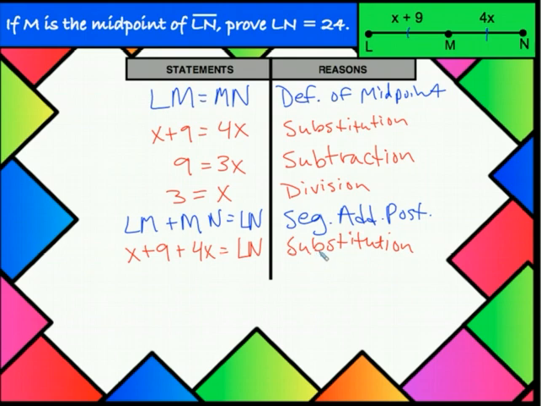However, that's not true if you do substitution and then substitution again, because at one point we're substituting these expressions, and on the other one we're actually putting in a number. So on this one you can do 3 plus 9 plus 4 times 3 equals LN, and that's substitution again.